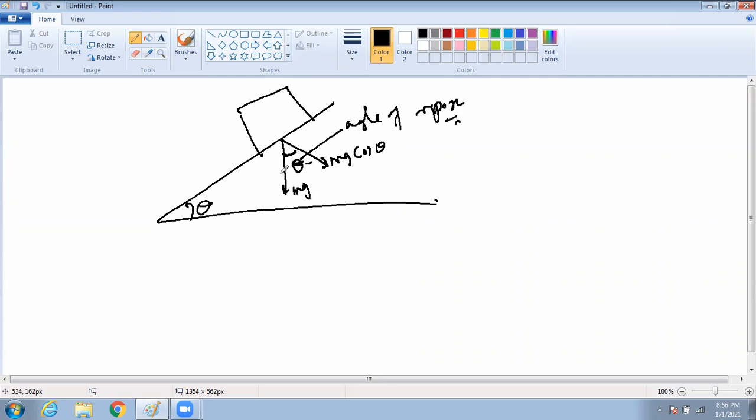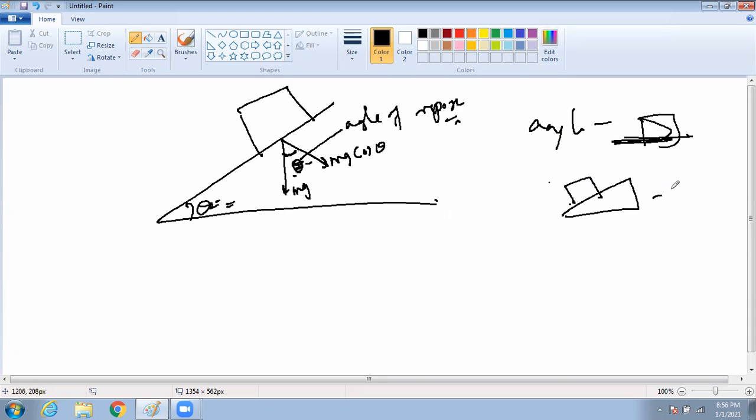Angle of friction comes for a normal case if the body is like this. Angle of repose comes for a body on an inclined plane. Okay, sir. Clear?